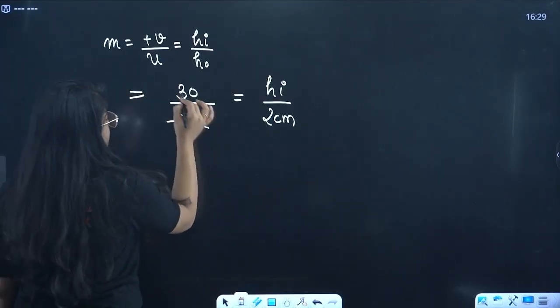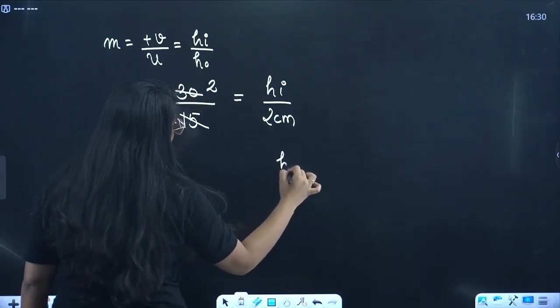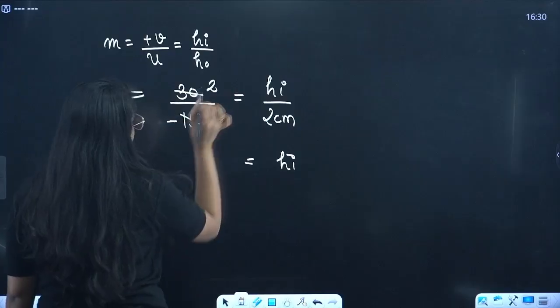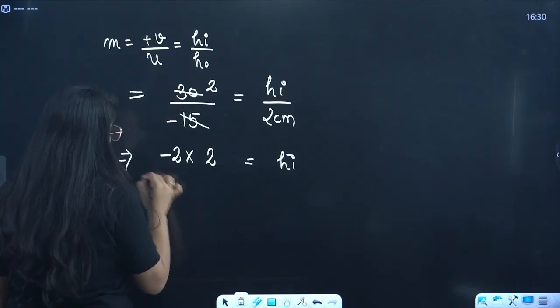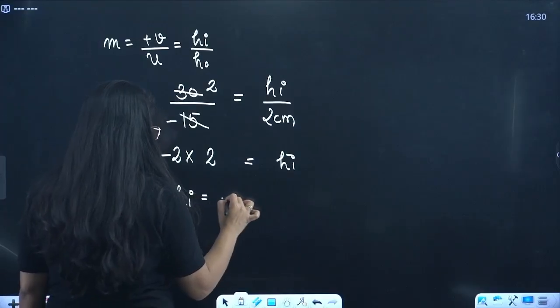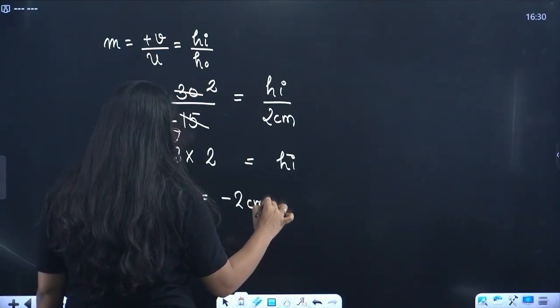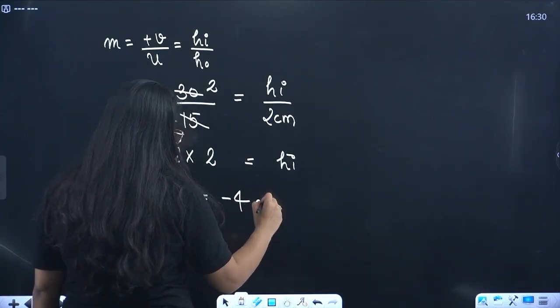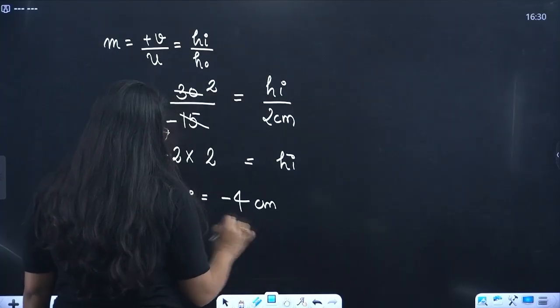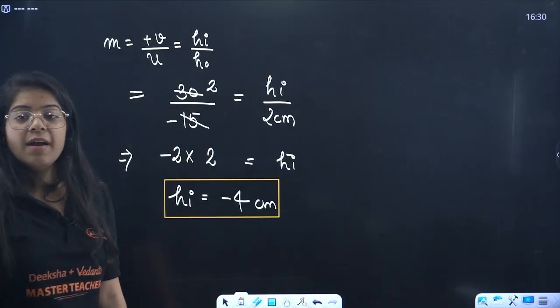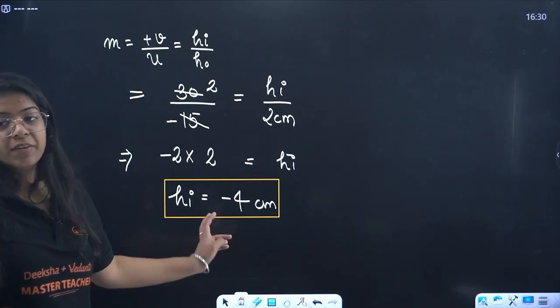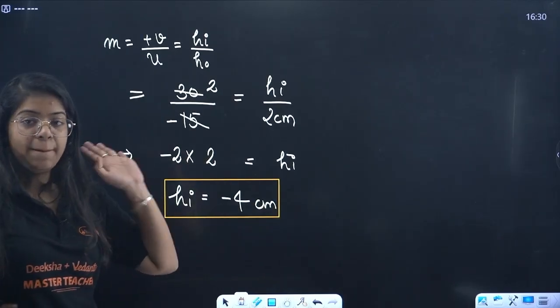So height of image comes out to be minus 2 into 2, minus 4 centimeter, and that is your final answer.